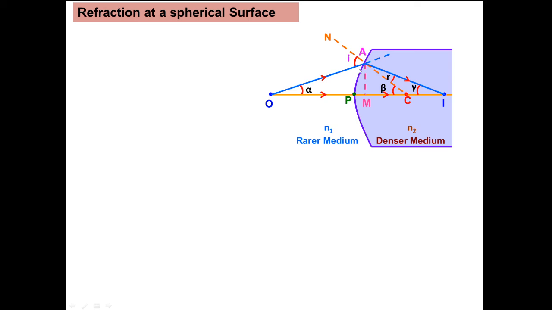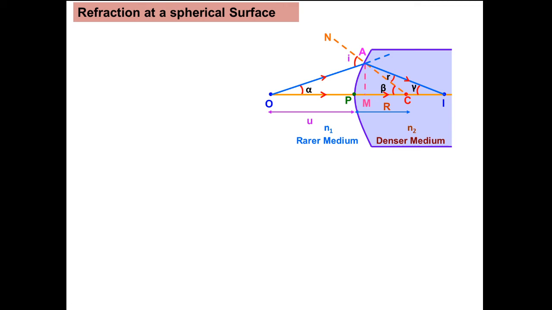And remember, the law of optics is valid for small angles, meaning paraxial rays. This incident ray is very close to the principal axis. So that is the condition for validity of the laws involved in ray optics.